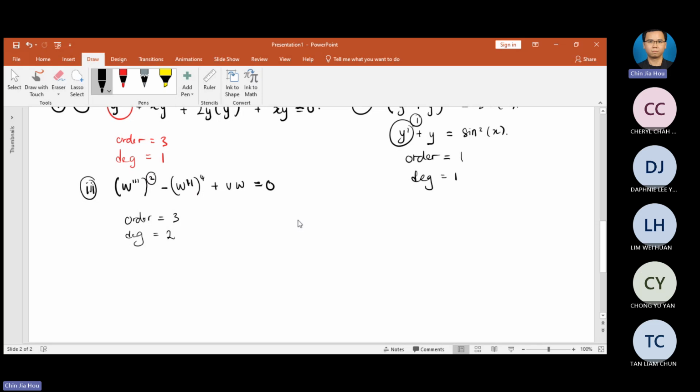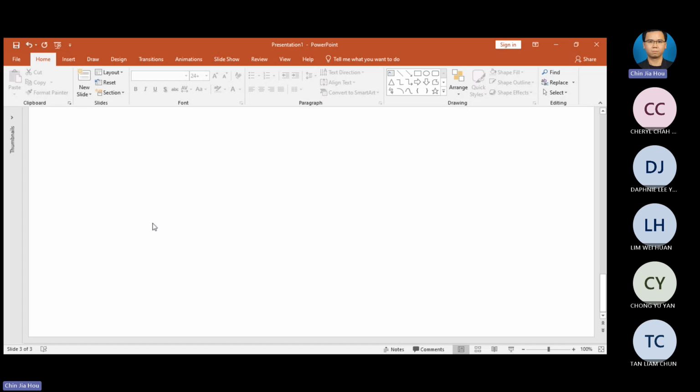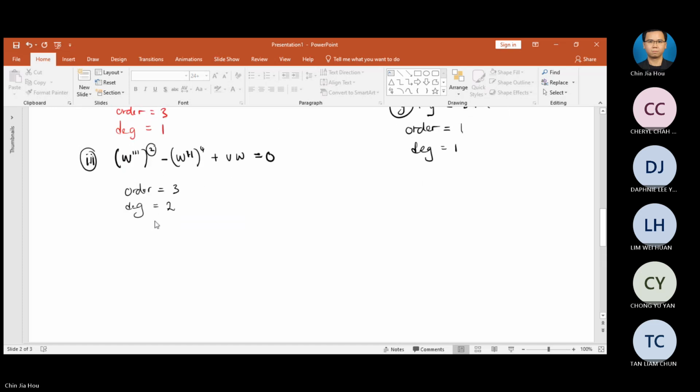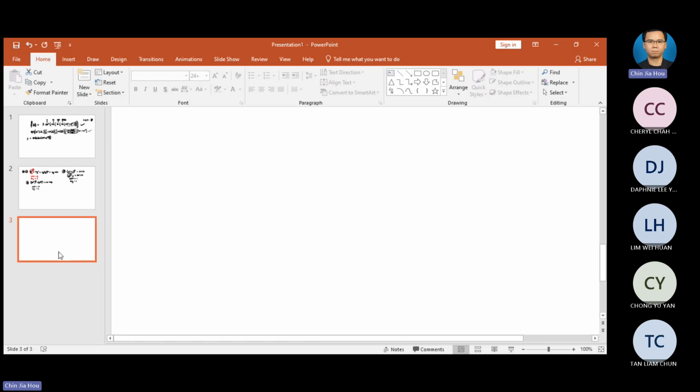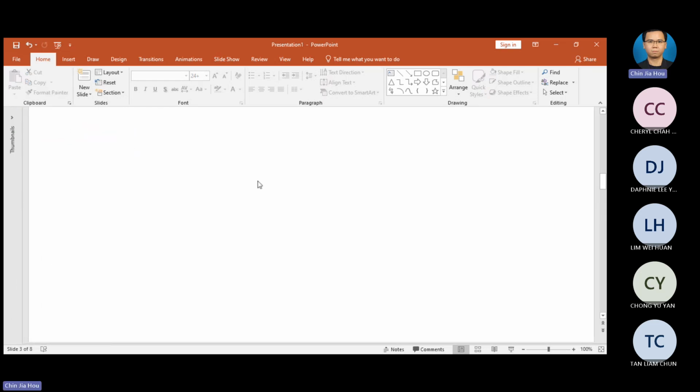Now, moving on to the third question. Here, we have to solve a second order ODE. If you look at the equation, we have y double prime minus y equals 0.